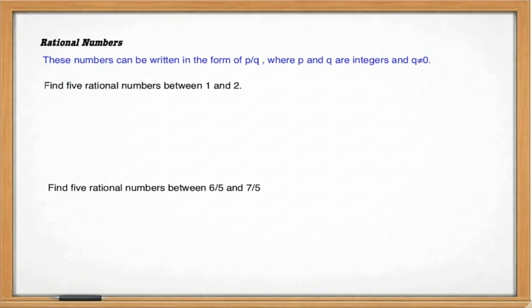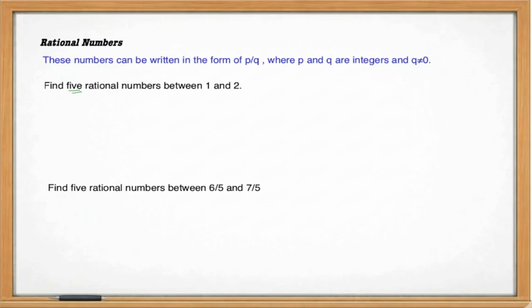Rational numbers. So first, let us find this one. Find 5 rational numbers between 1 and 2. If you get a question like this, it's very easy. See, they have asked 5, right? So when they ask a number like this, 5 rational numbers or 4 rational numbers, you take the next number.